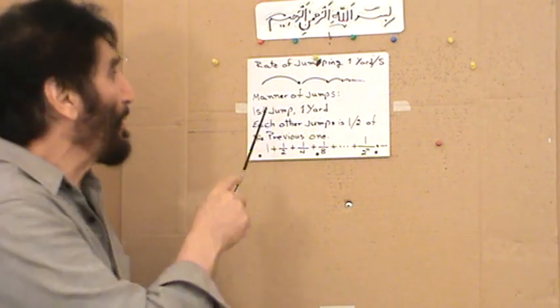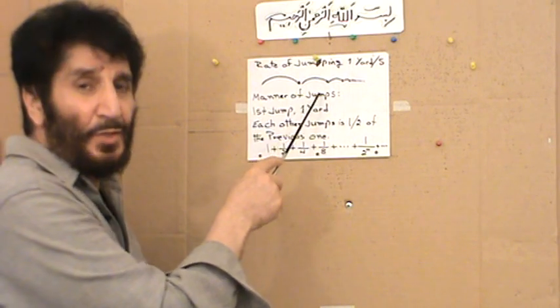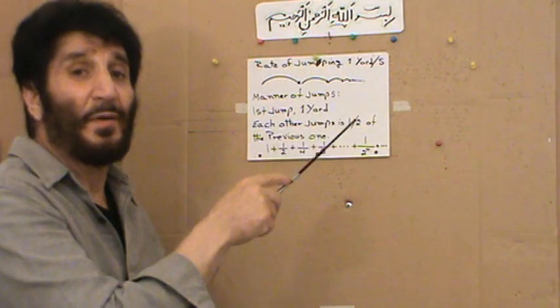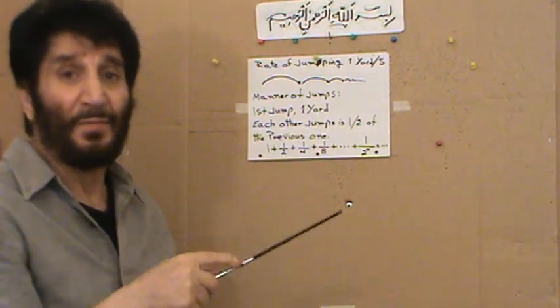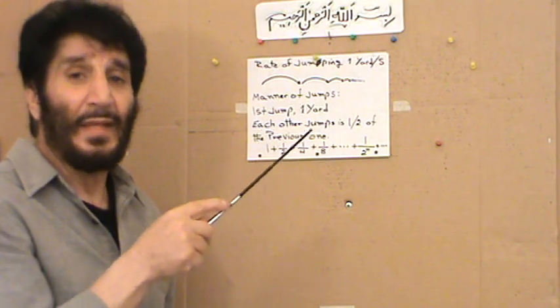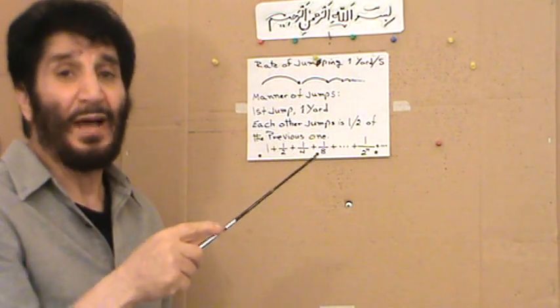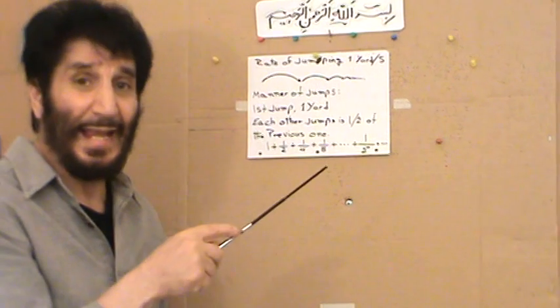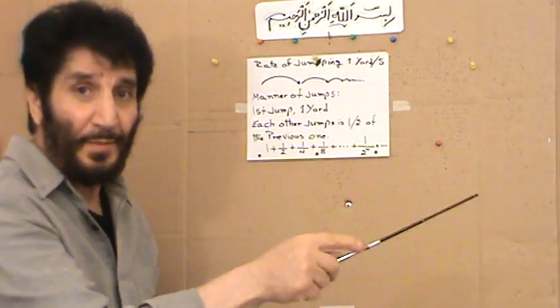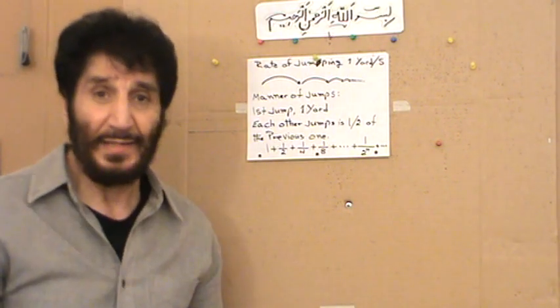So the first jump is 1 yard, the second is half of that, which is 1/2, the third is half of the half, which is 1/4, the next is half of the 1/4, which is 1/8, and so on and so forth. That is the way the frog is jumping, in a straight line, let's say.